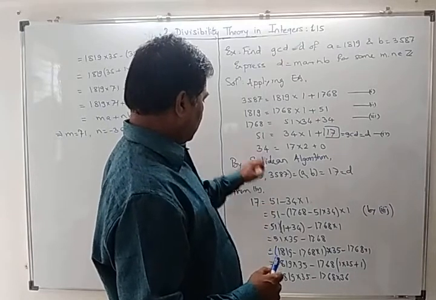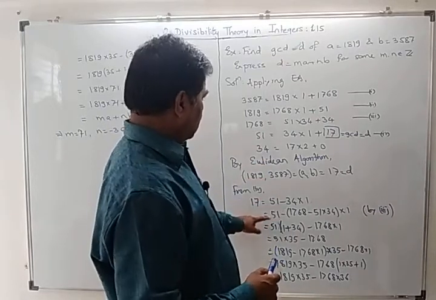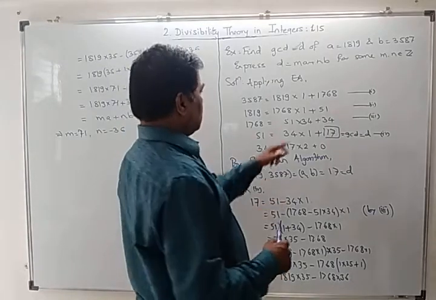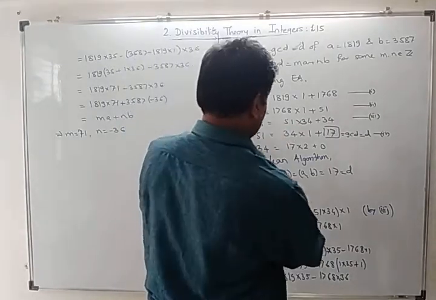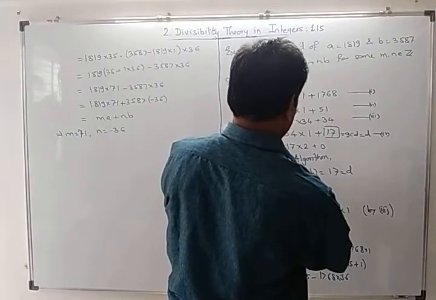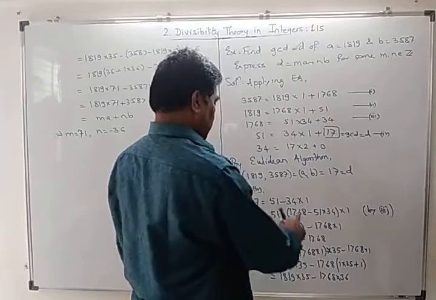17 is equal to 51 minus 34 into 1, then the value of 34 from the previous one, 1768 minus 51 into 1, is correct.